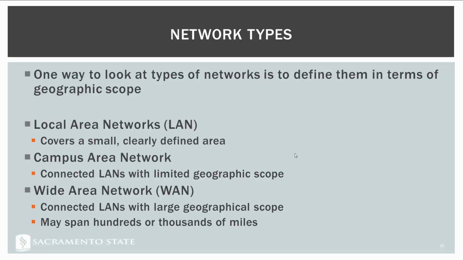Sometimes we have networks that are a little bit bigger than that, which we call campus area networks. Our college campus, you could define as a campus area network, but also other big organizations like the Microsoft or the Google campus with multiple buildings that are connected together, multiple local area networks in a limited geographical space, all on one piece of property. That would be called a campus area network.